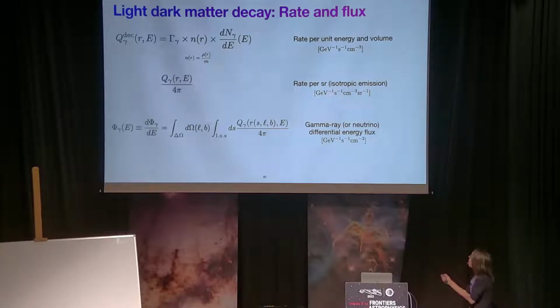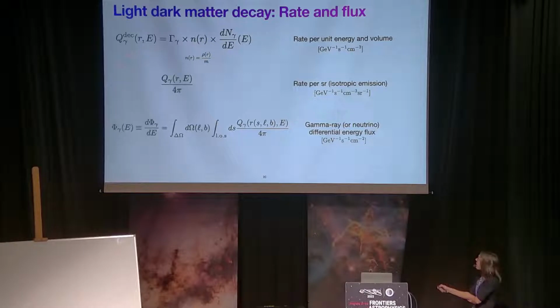So the main quantities that relate the fundamental physics part to the flux of observed photons are the rate per unit energy and volume, which contains the decay rate (in this case, because we are talking only about decay into photons), the dark matter number density, and the spectral energy distribution.